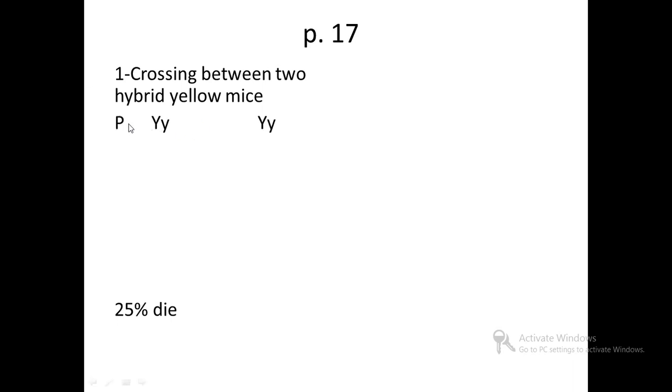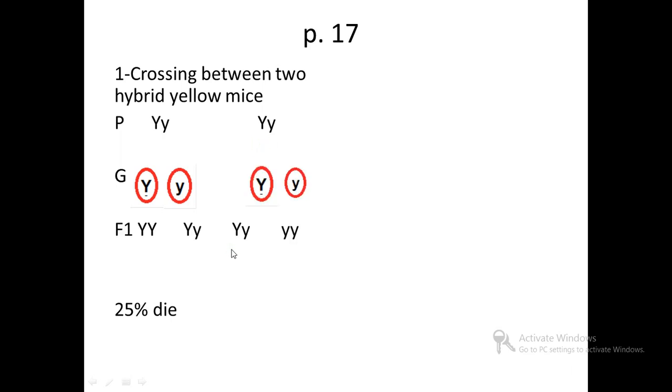In all problems of lethal gene, the 2 parents are hybrid: Y capital Y small. Each parent produces 2 types of gametes. The first generation will be Y capital Y capital, which is pure dominant and dies, because in yellow mice the individual who carries Y capital or 2 dominant genes dies.